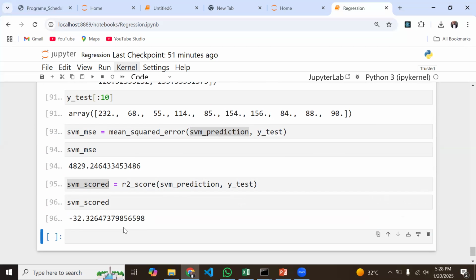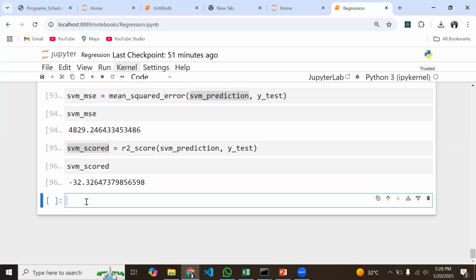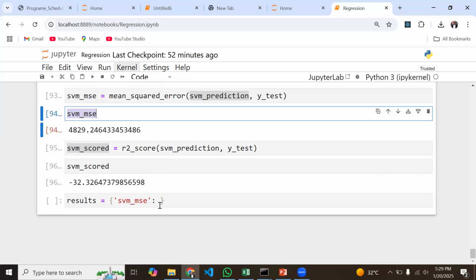We can actually put this in a data frame to make it look cool, or even some kind of a dictionary, okay? So let's see, we have a dictionary called results, and then the key value pair. So I can look at SVM underscore, let's say the mean squared error, and the value is actually going to be this variable as we have it over here.